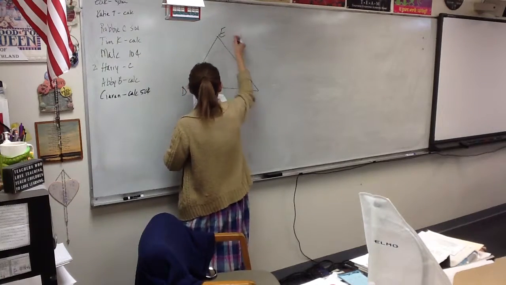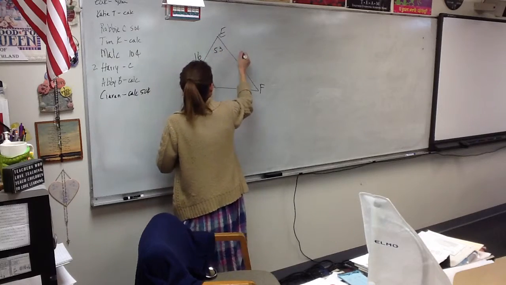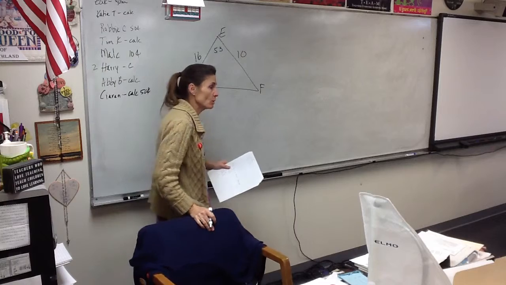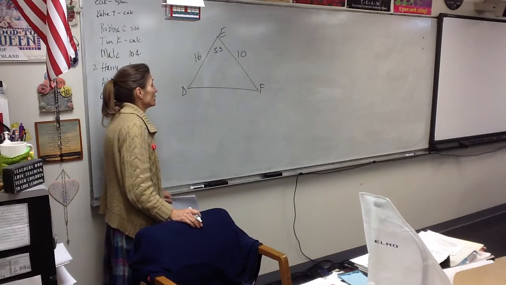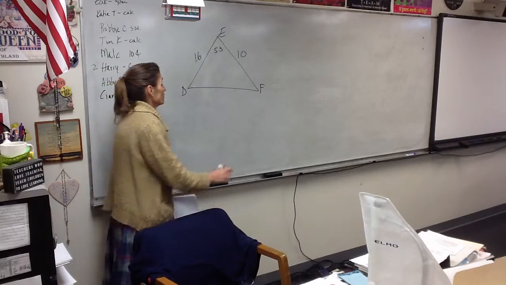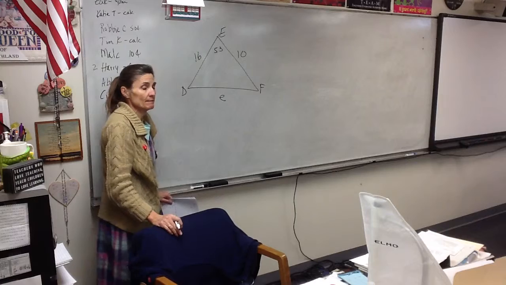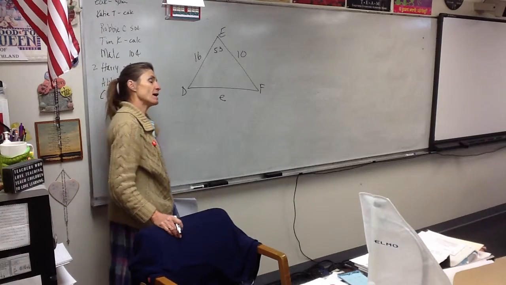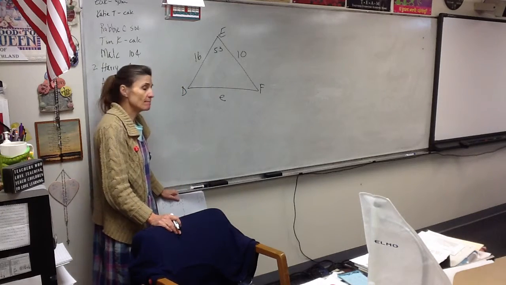And this is good practice, particularly for those of you who missed a quiz problem, and you're going to find out who you are here in a second. On the quiz, you had to find basically what would be side E. So when you have to find a side or an angle, not area, that's something different.